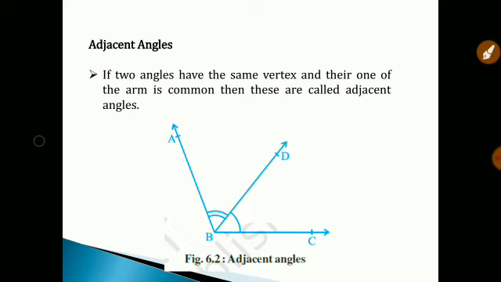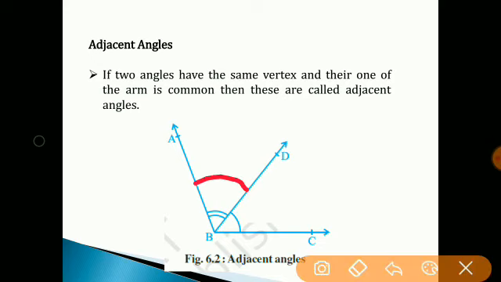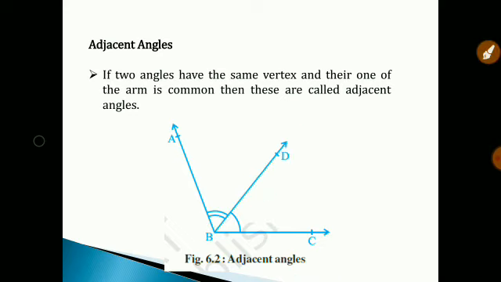We can write: if two angles have the same vertex and one of the arms is common, then these are called adjacent angles.